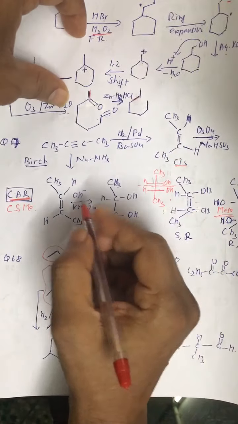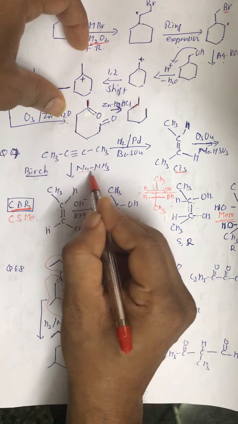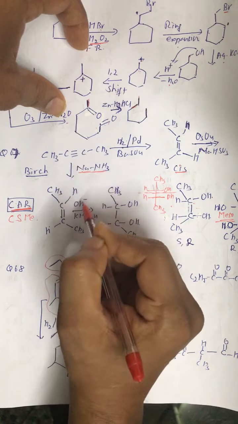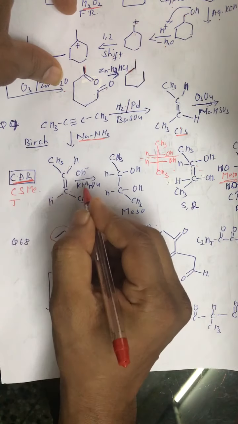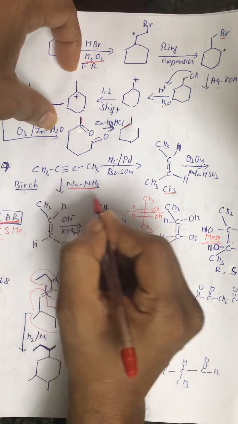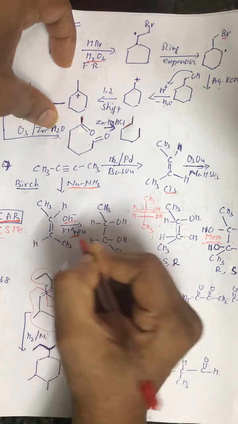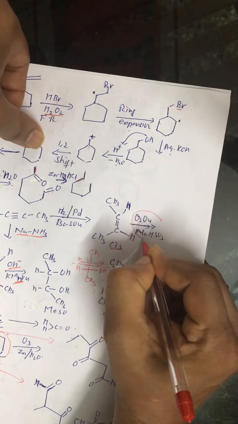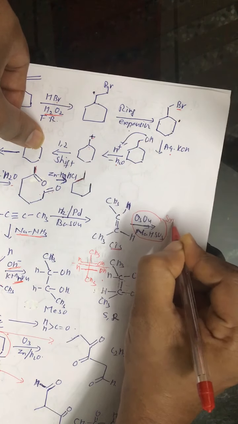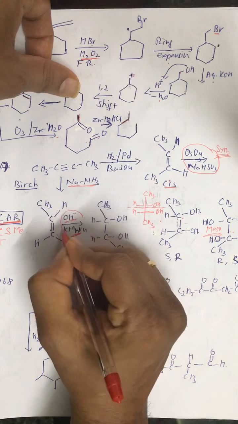Now see this one. This is trans, because lithium and sodium in liquid ammonia produce trans 2-butene. And trans 2-butene with 1% alkaline KMnO4 is also used for syn addition. Osmium tetroxide is used for syn 1,2-diol production, and this also produces syn 1,2-diol.